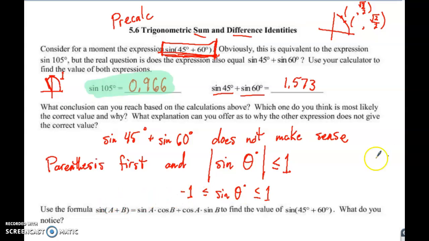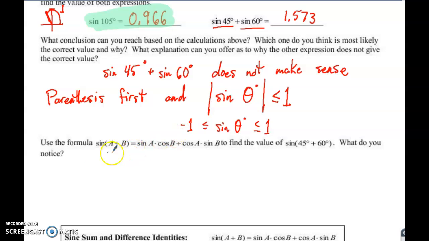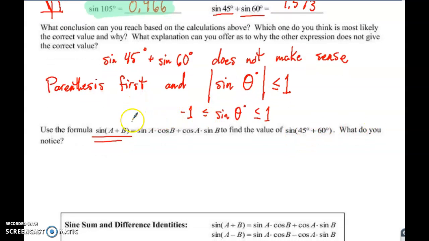So that's why we need a new formula, a different formula that actually explains what sine of 45 plus 60 is. Now, I have made a video that actually explains this, and I may have explained it slightly differently.